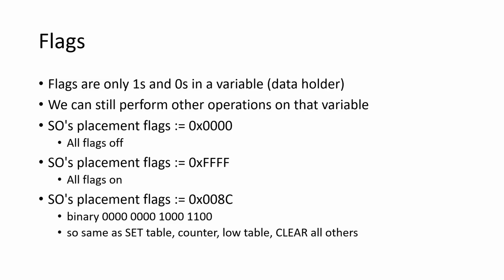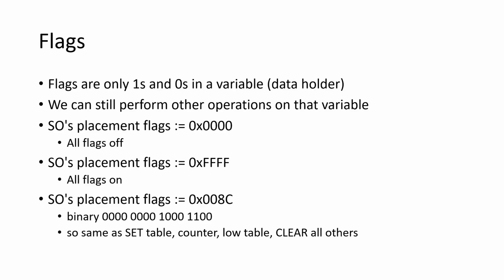So a flag is merely a 0 or 1 in a variable, in a local, in a stack object attribute flag, or whatever. You can still perform other semantic operations on that local, on that temp. So if we set all of a stack object's placement flags to the value 0, that is the same as setting all of the flags off.